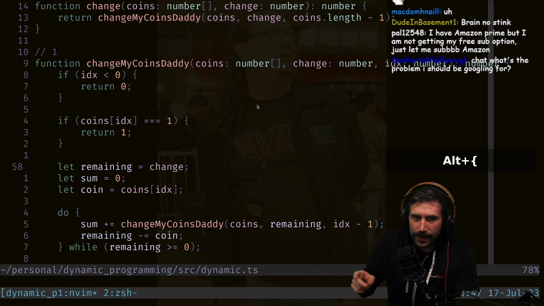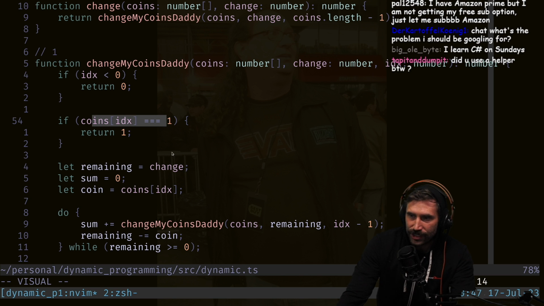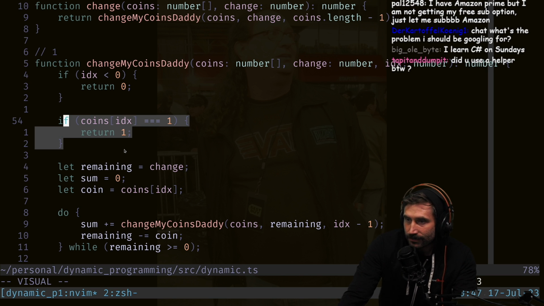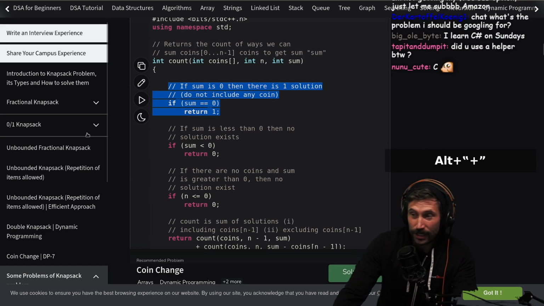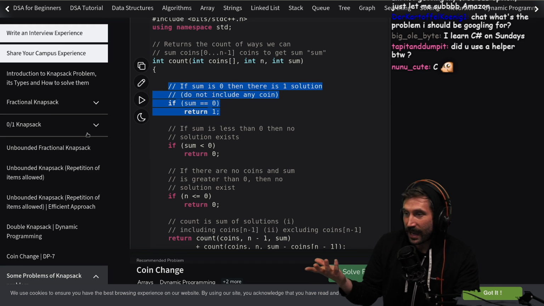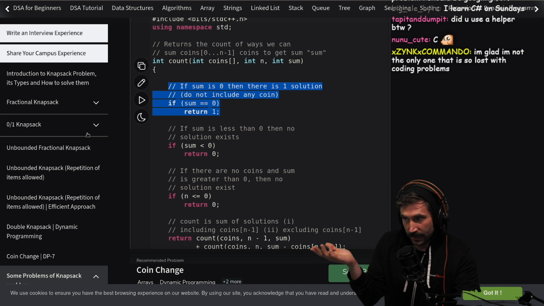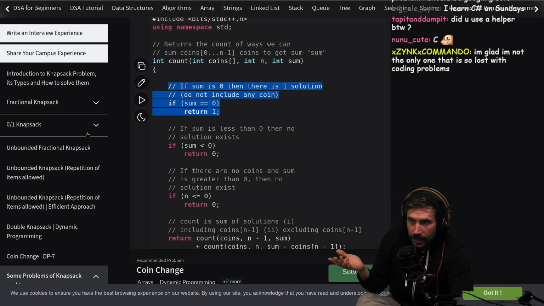In a sense, mine's also clever. Whenever you hit the one change case, you've made it, right? That's all there is to it. Whenever you hit that one change case, you've already made it. There's no need to keep on going. You don't need to call all the way down a bajillion times to make it, right? I think that makes sense.